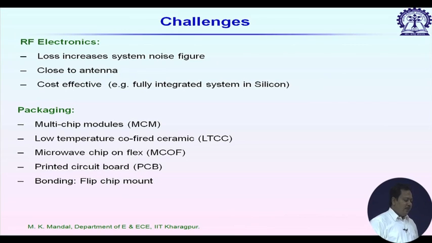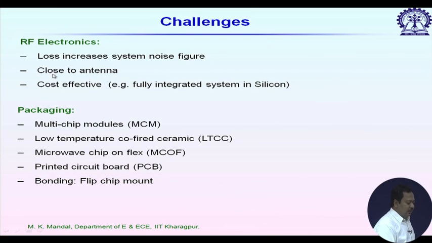The first element should provide minimum noise figure, and it should be placed as close to the antenna as possible, so that we can decrease the overall noise figure of the system.